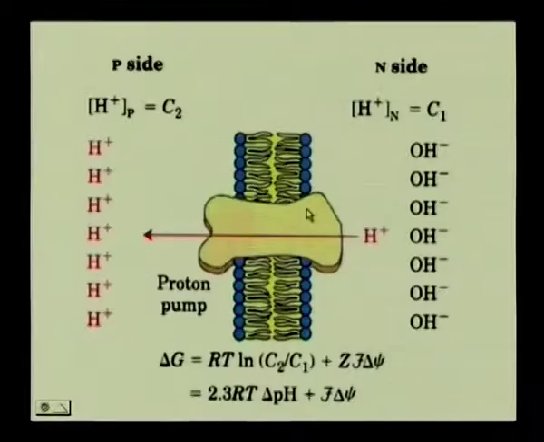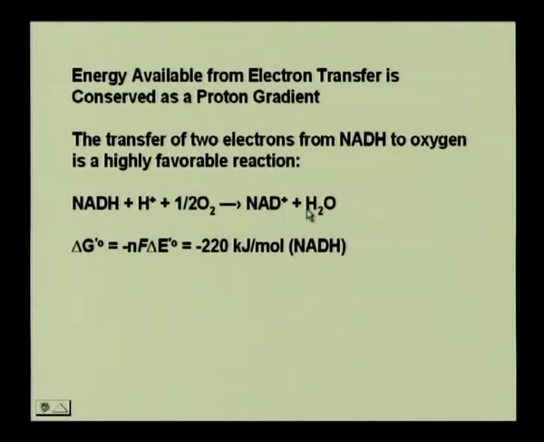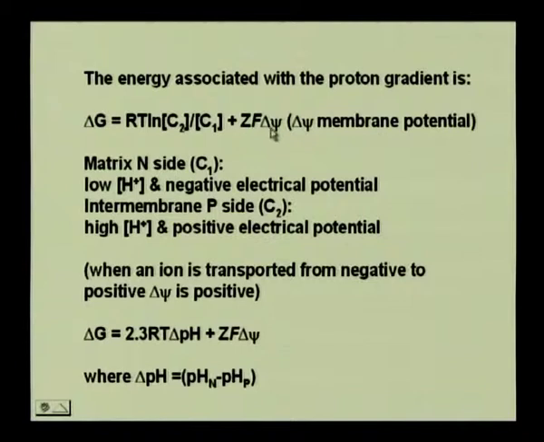Okay. What is this membrane potential? We have a membrane potential developed. So, when an ion is transported from negative to positive, delta psi, which is the membrane potential, is positive, because you are going from a negative value to a positive value. So, what is the delta psi? It is a positive value. Okay.